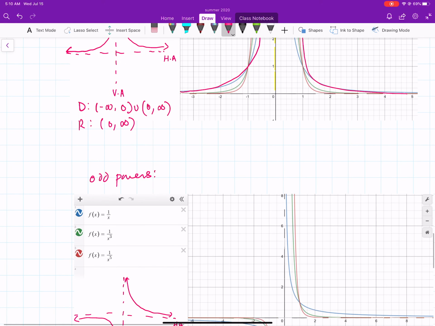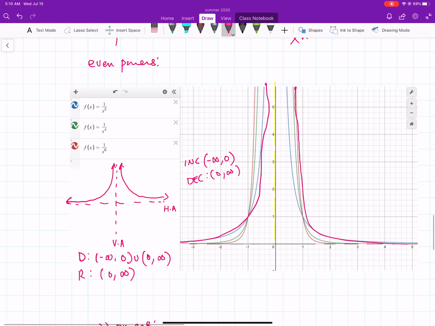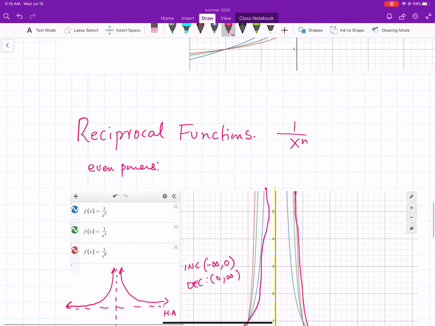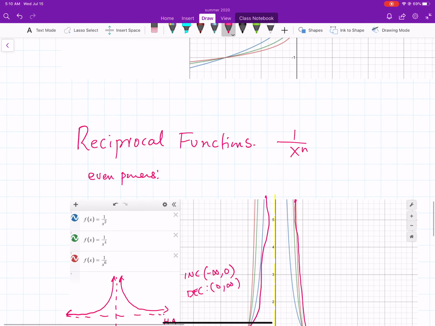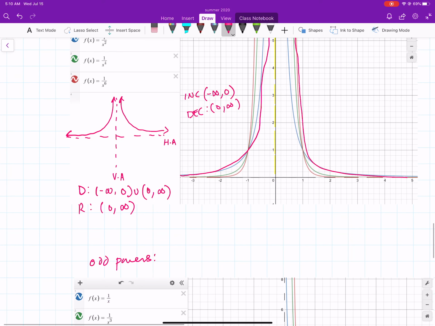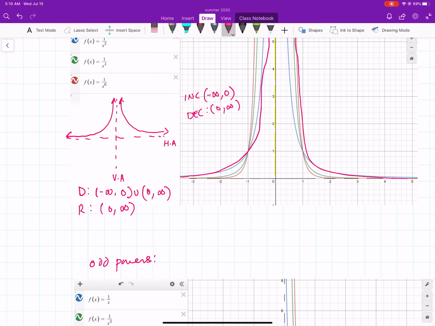So use that pattern to help you sketch these functions. Okay, so what I try to do is to give you these basic block functions. So we looked at reciprocal functions. They have two types, even and odd. Get comfortable with how the shape looks. All right. Again, we looked at radical functions or root functions.